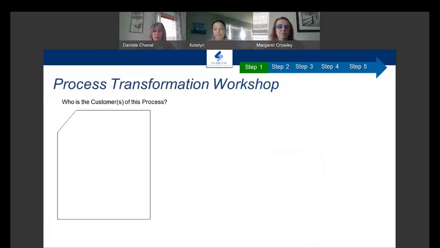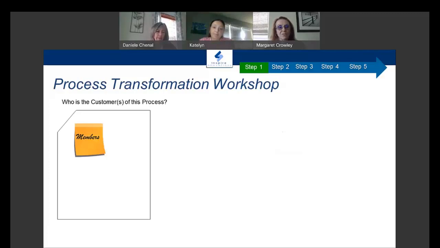We start with who is the customer of the process. As a group, we would talk through it, write sticky notes and get them up on the wall. So I'll ask my team to participate. Kate, who would be one of the customers of the appeals and grievance process? The members. Yep, we would have members. And Margaret, who else would be customers of our process?